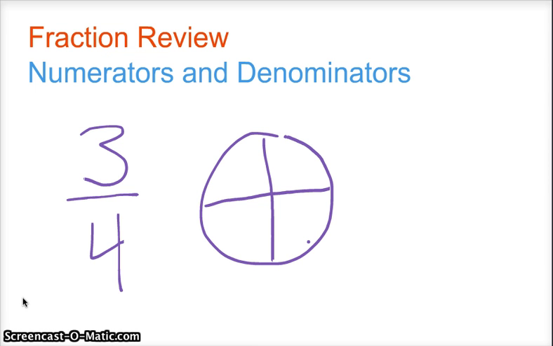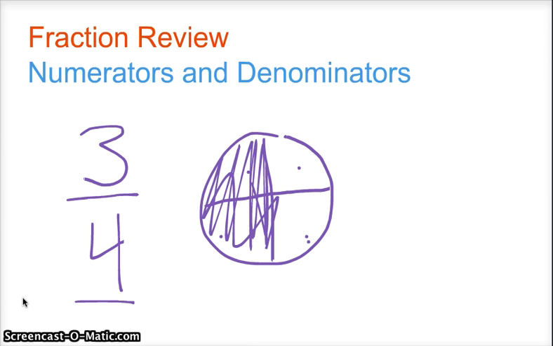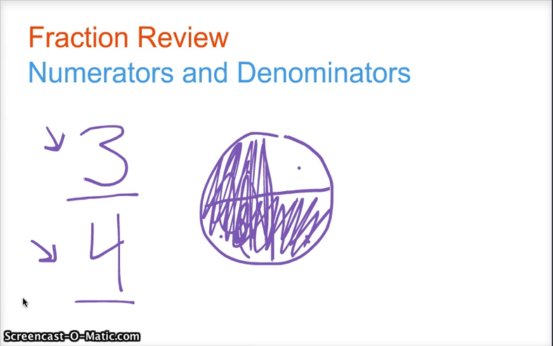And that's where the 4 comes from in the denominator. So there are 1, 2, 3, 4 pieces in the whole. Now, this fraction says that there are 3/4, which means we have 1, 2, 3 of the 4 pieces. So the numerator is 3 and the denominator is 4. So 3 parts of the 4 total pieces.